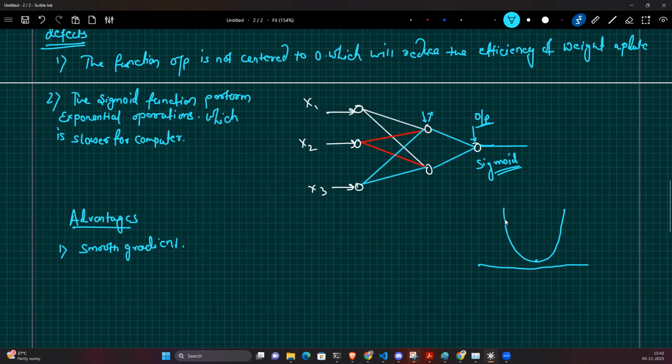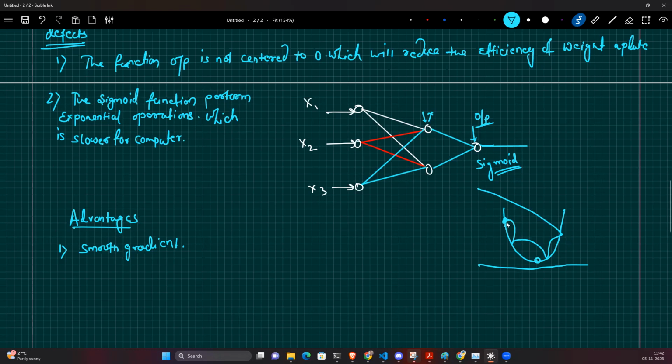What do you mean by the exploding gradient problem? It means it's not like that, where the first time after updating the weights and bias the neuron is here, then second time it comes here, third time here, fourth time here, and fifth time it goes out. So it will never reach the minimum. This kind of problem will never occur because of this smoothness.